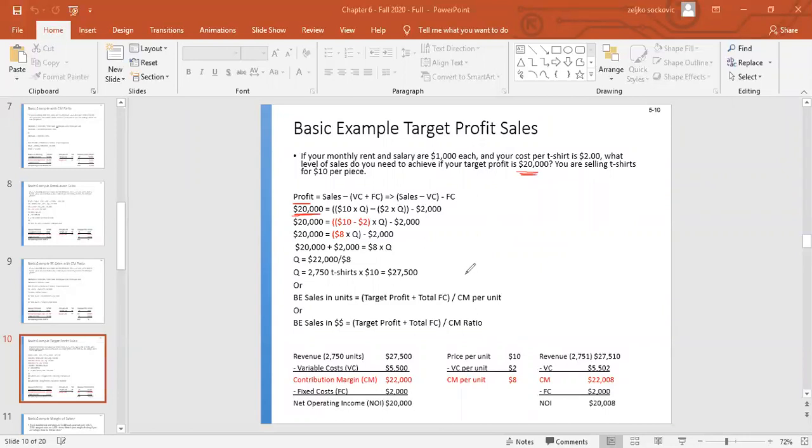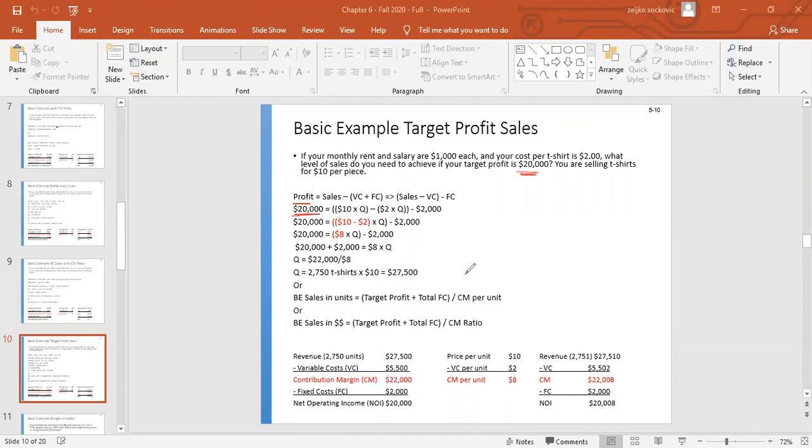Not just 20,000 plus break-even sales. You will have to add the 20,000 in terms of calculation on top of your fixed cost, basically.